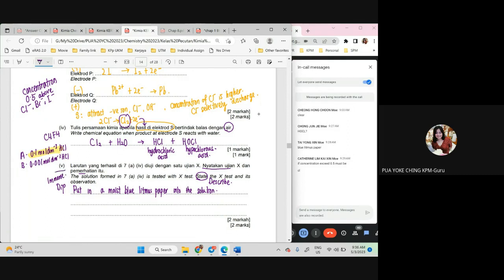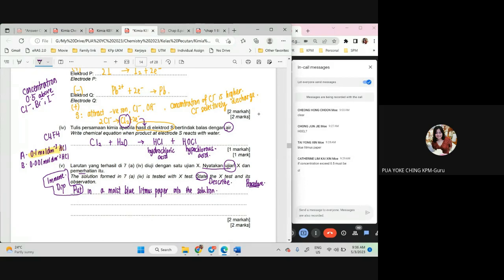Okay, yang penting saya nampak dia adalah satu kata kerja. Jangan guna test. Walaupun soalan ini ialah state. Okay, sebab kadang-kadang soalan dia akan salah. You must remember kalau jalankan ujian, usually it asks you to describe. Okay, terangkan. So kalau terangkan, you must be in procedure. Step by step. So step by step maksudnya ada kata kerja.